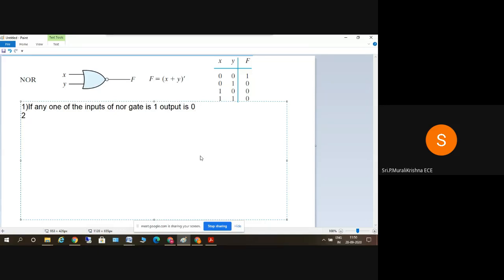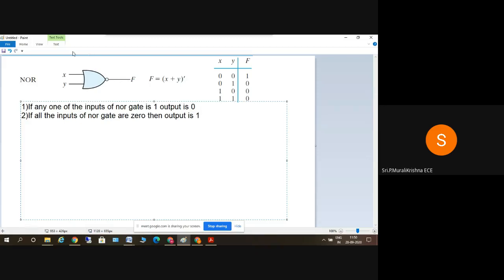And if all the inputs of the NOR gate are 0, then the output is 1. That is high.